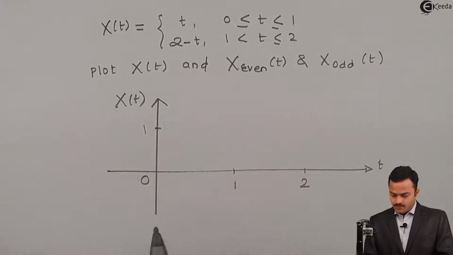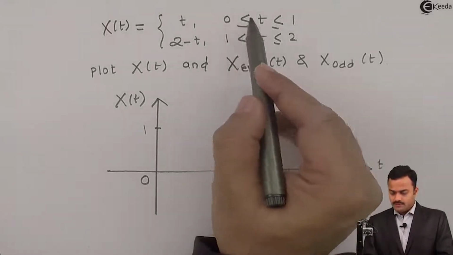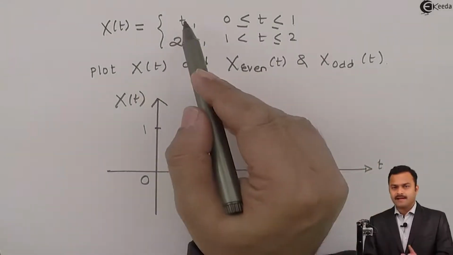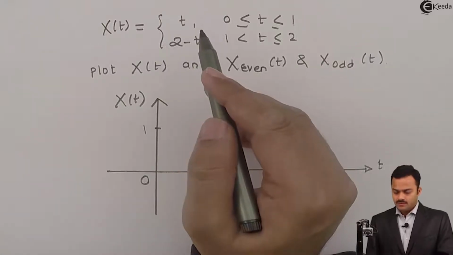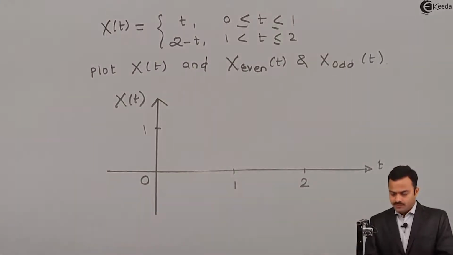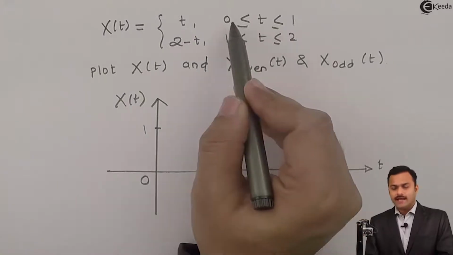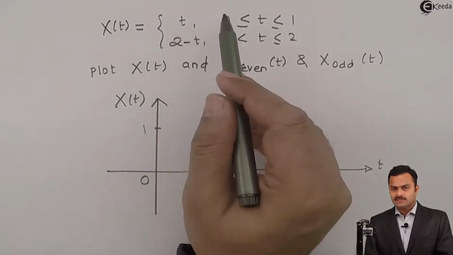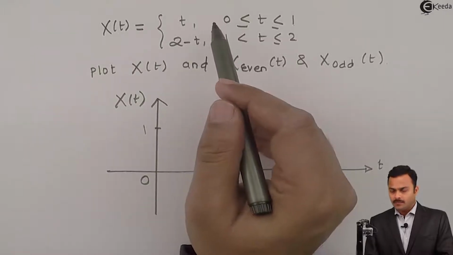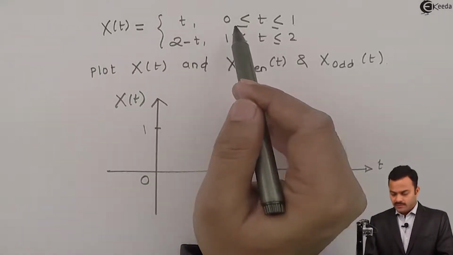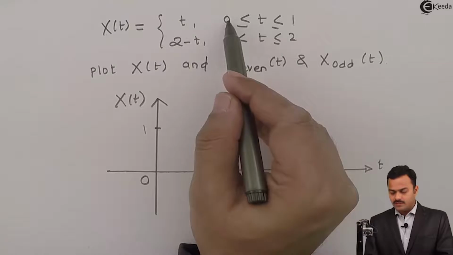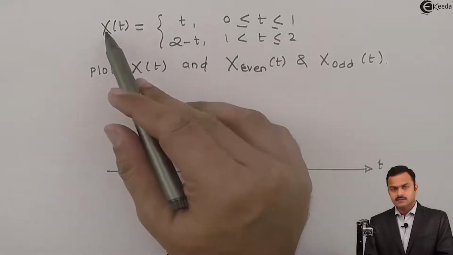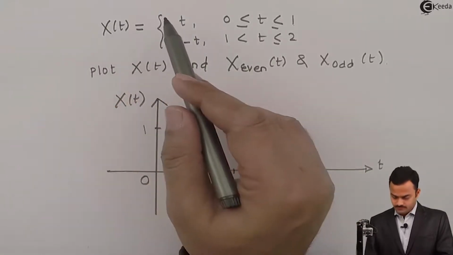Now for 0 to 1, x of t equal to t, a simple ramp function is given. So what we will do, we will put two extreme values in this equation and we will get what the answer will finally obtain. Meaning for t equal to 0, if I put over here, I will get x equal to 0.